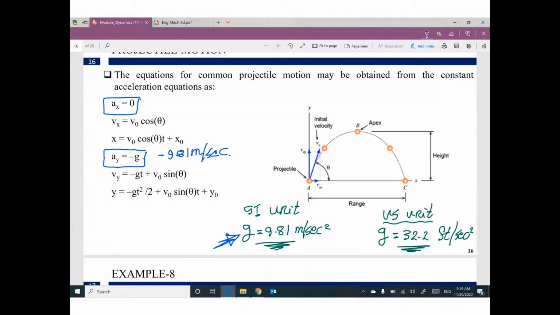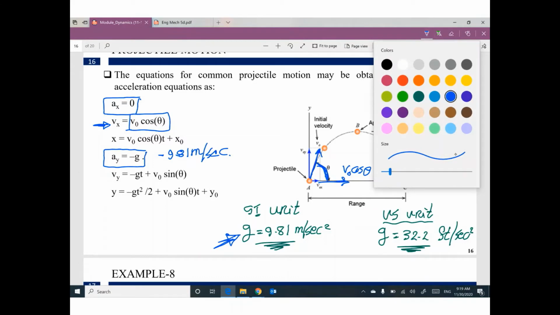The horizontal component of velocity, as I told you, we have initial velocity v naught, we have angle of inclination theta, so the horizontal component will be v cosine theta. So the horizontal component of velocity will be v naught cosine theta.